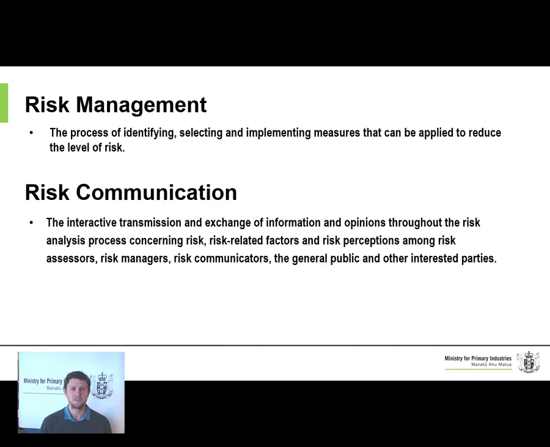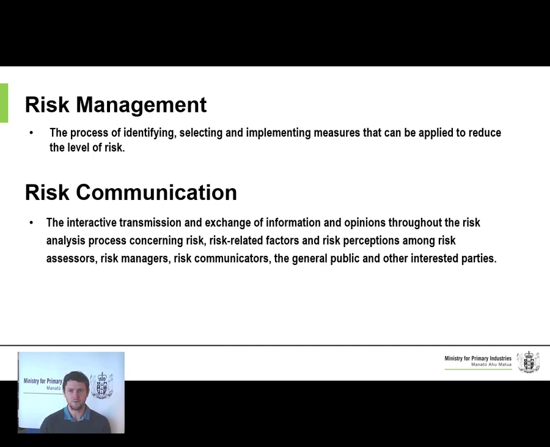And finally, at those different levels, we also have risk communication. As we've noted here, this is the interactive transmission and exchange of information and opinions throughout the risk analysis process concerning the risk-related factors and risk perceptions among risk assessors, risk managers, risk communicators, the general public, and other interested parties.